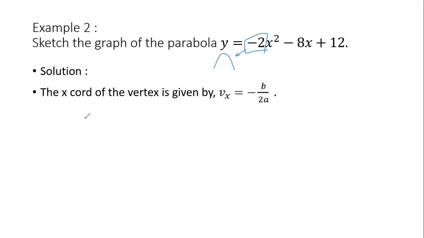Now, the x-coordinate of the vertex is given by Vx equals negative b over 2a. Let's calculate this. Negative b is negative 8 divided by 2 times a, which is negative 2. This is negative 2.